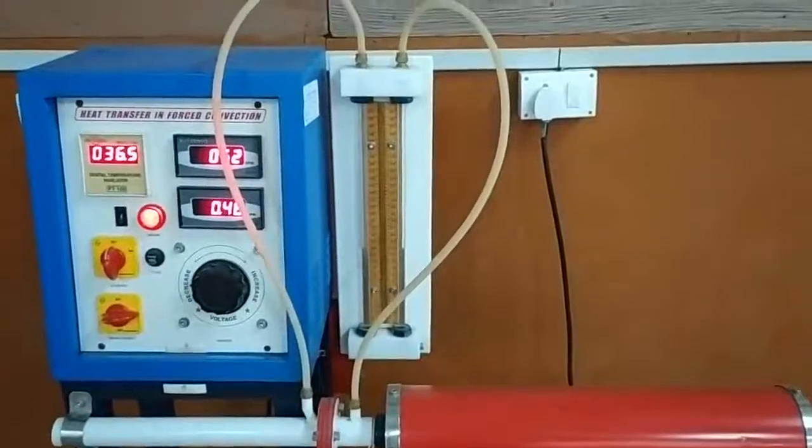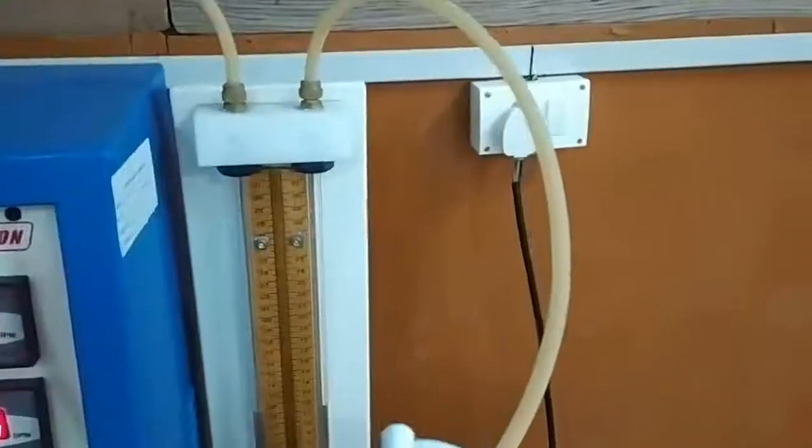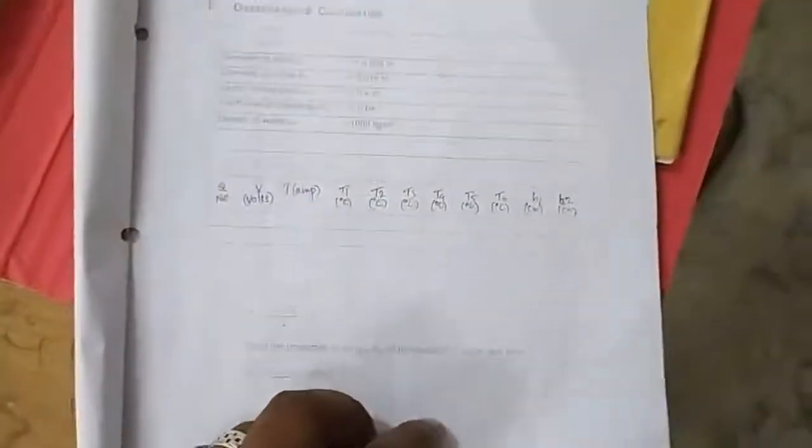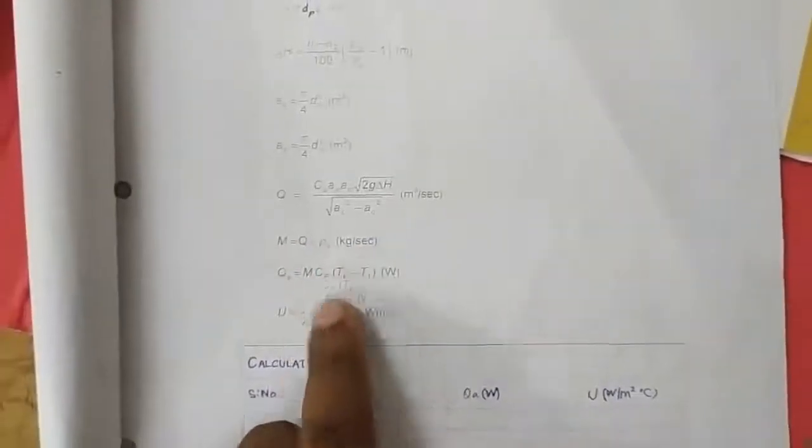So we have to find out that mass flow rate with the help of the manometer reading. After we've taken all the readings, you have to find out the mass flow rate with the help of the manometer readings.